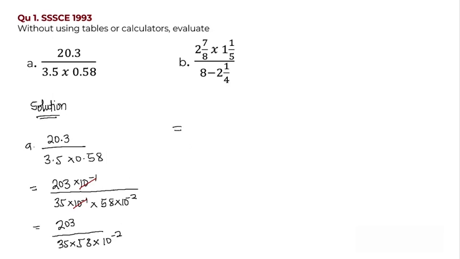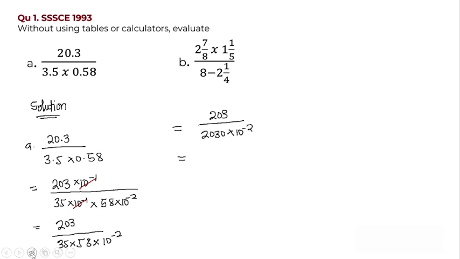So this will be equal to 203 on 35 multiplied by 58, which will give us 2030 times 10 raised to the power -2, which we still have over here.